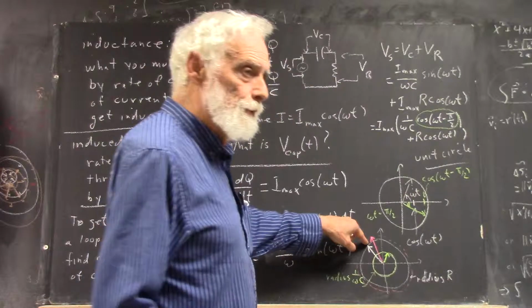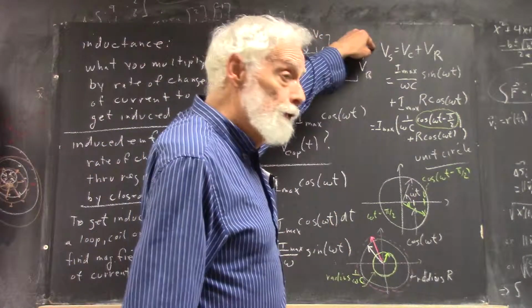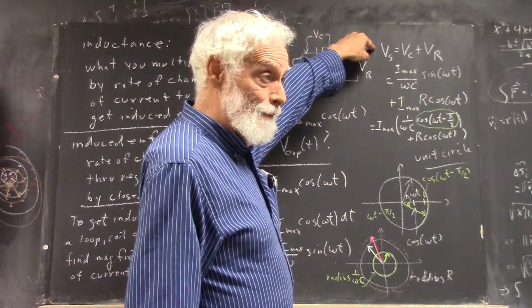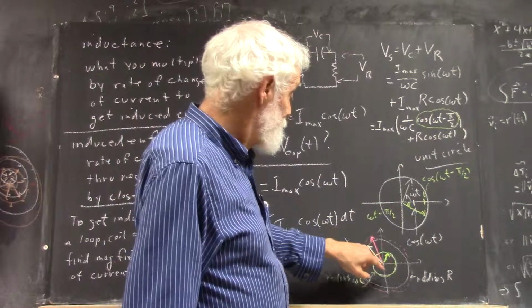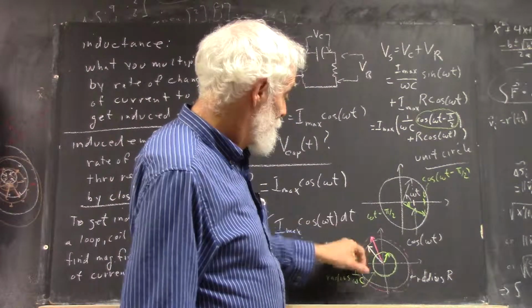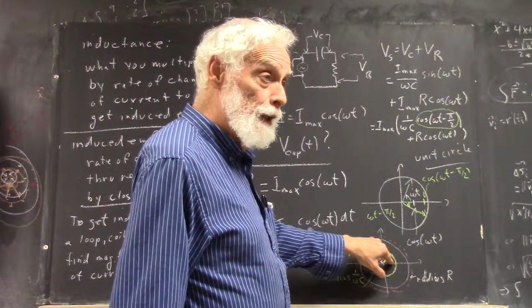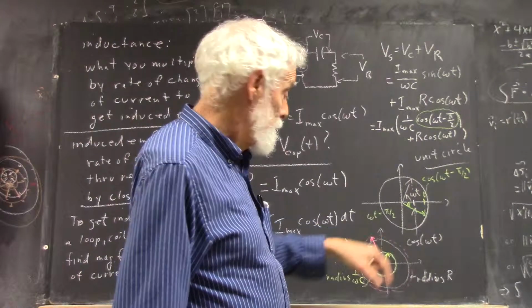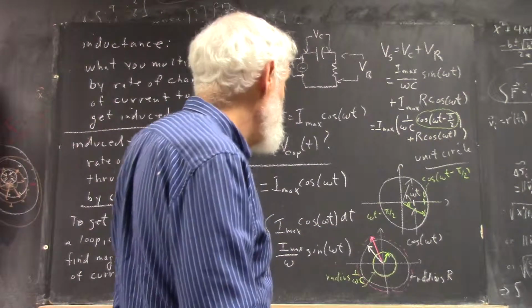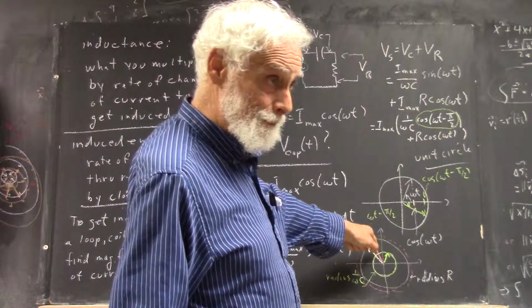I max times this vector is going to be the voltage of your source. Here's your capacitor. Here's your resistor. Here's the resultant of what you get when you add these two. That's the phasor diagram.